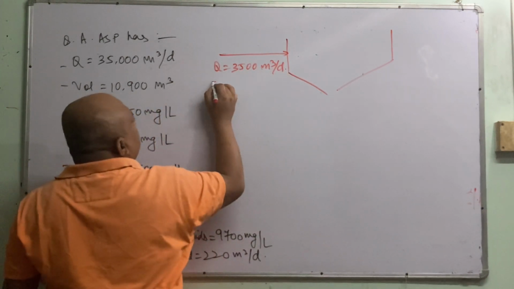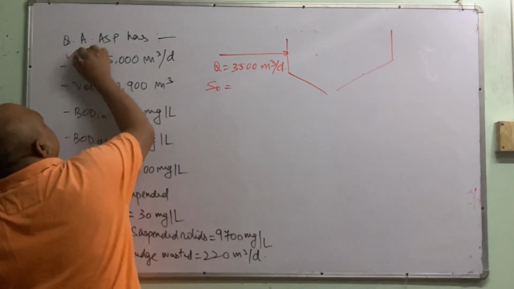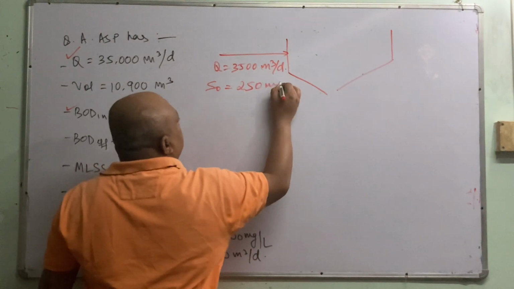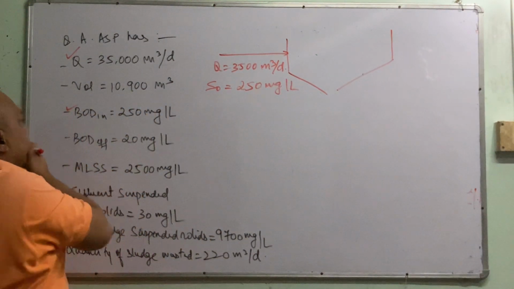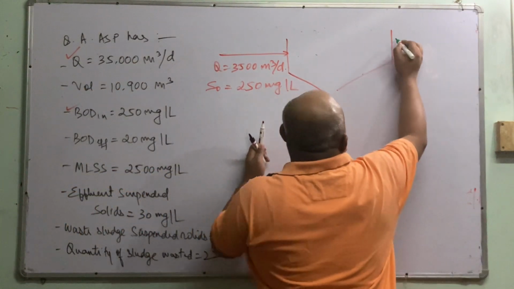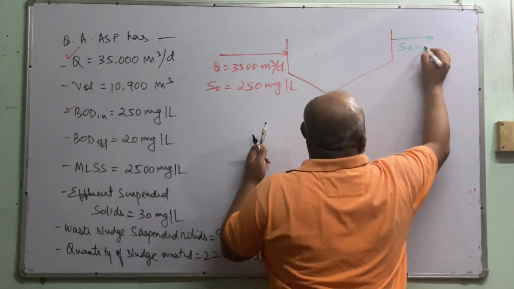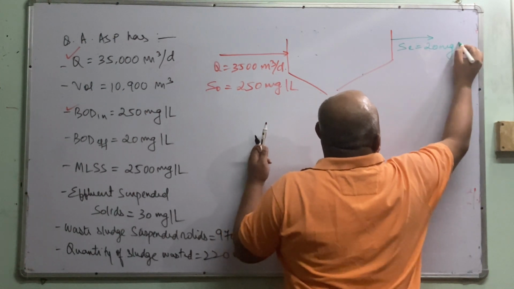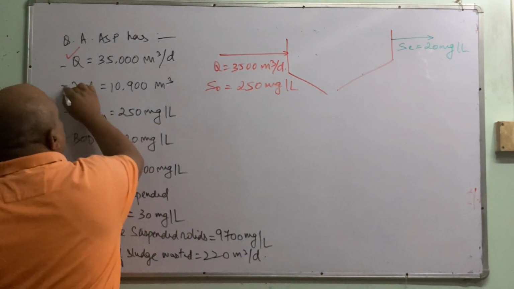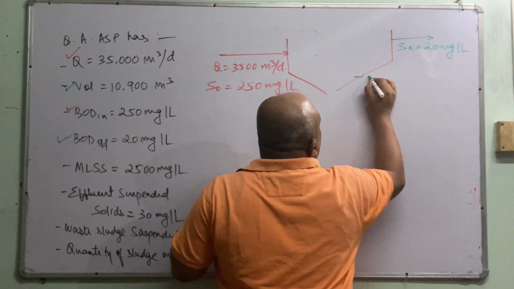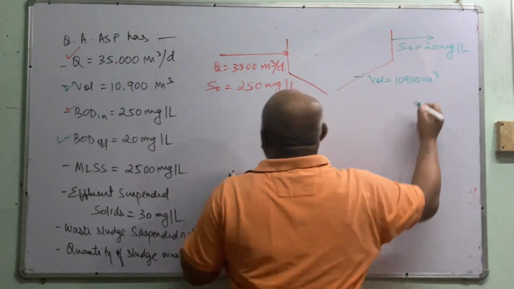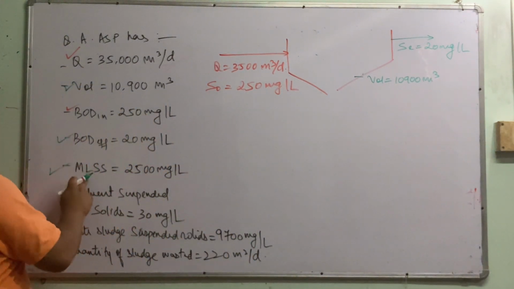The incoming BOD is 250 milligram per liter. Okay. Then BOD effluent is 20 milligram per liter. This outgoing BOD means SE is 20 milligram per liter. This is done. The volume is 10,900 meter cube. And then MLSS.